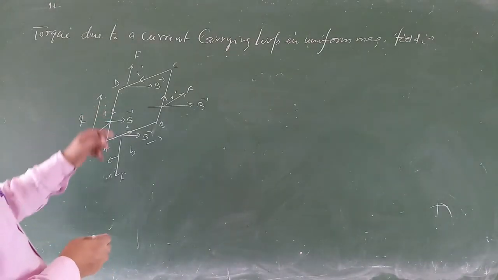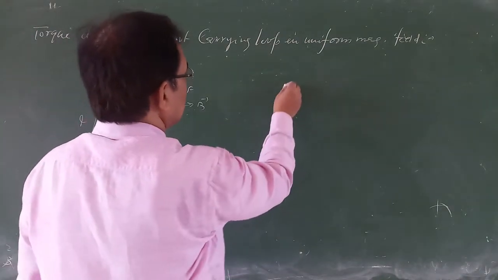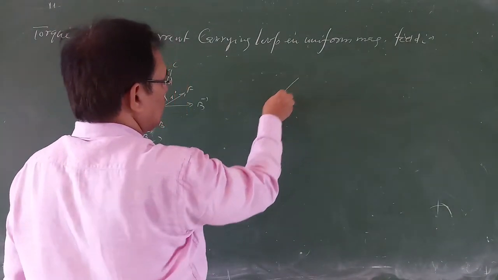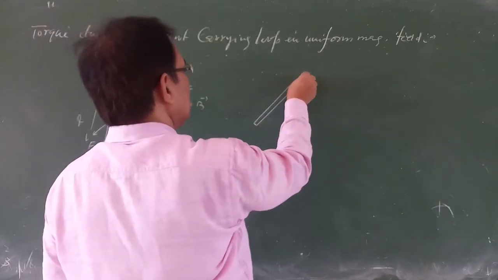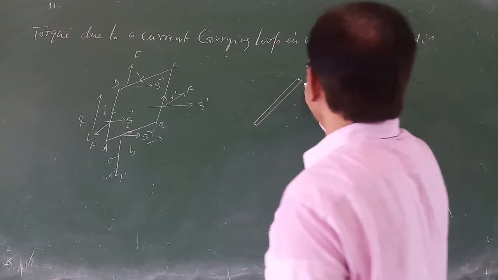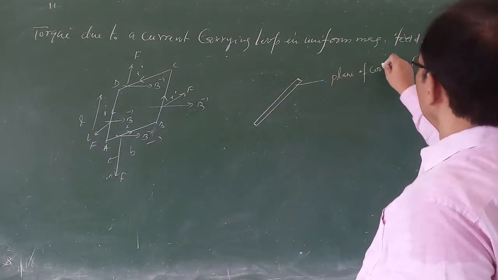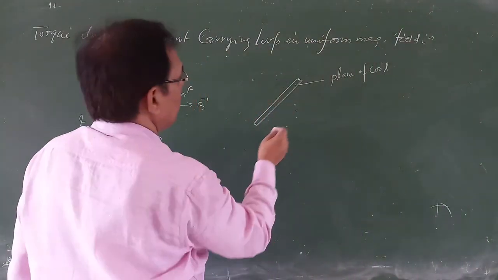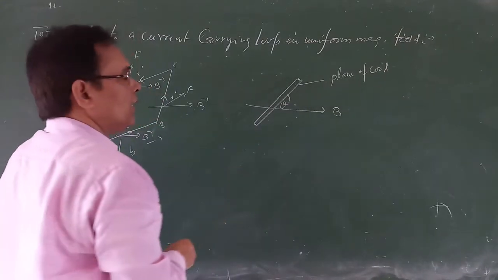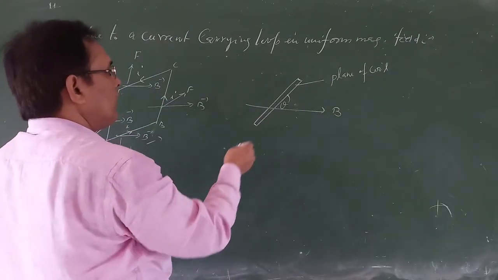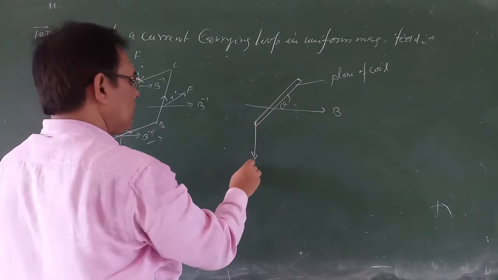Now you can write the plane of the coil. Suppose this is the plane of the coil, and let this plane of the coil be placed in the uniform magnetic field B, making an angle theta. When a current carrying coil is placed in the magnetic field, a force develops on it.